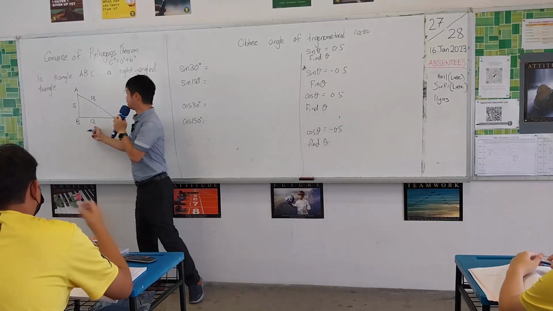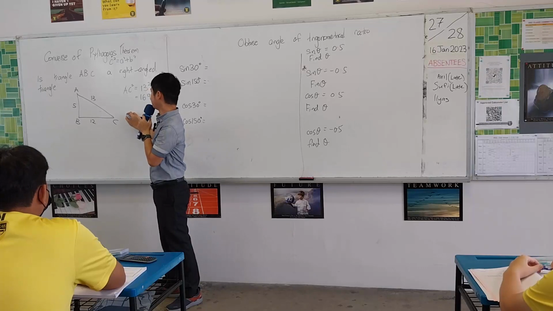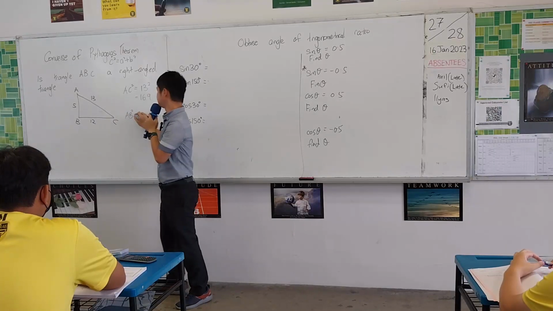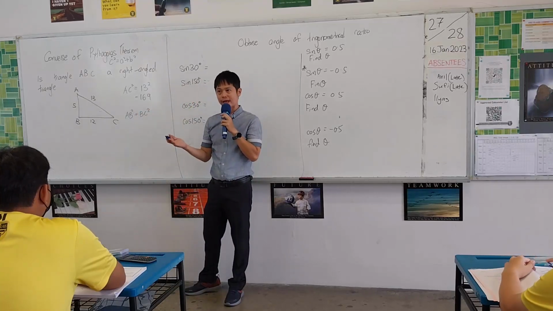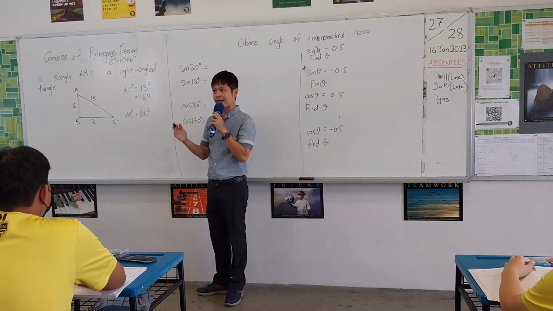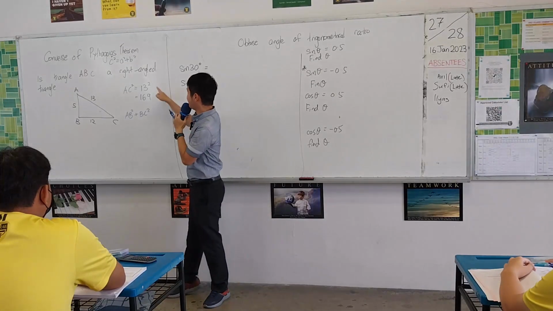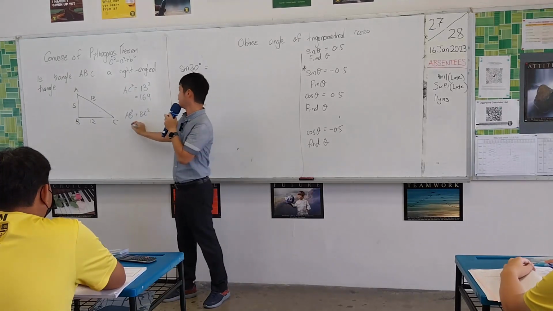Next, we want to see whether these two add up to 169 as well. What do I mean by add up? I will have AB square plus BC square, and let's see whether it is also 169. If it's 169, then it will be a right-angled triangle, because c square equals a square plus b square. So let's try.